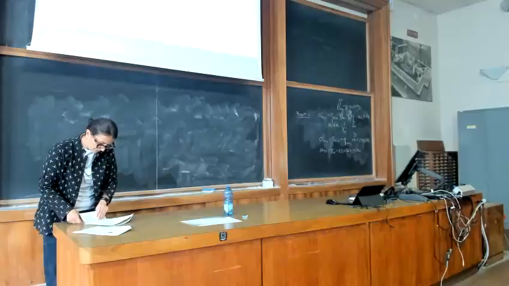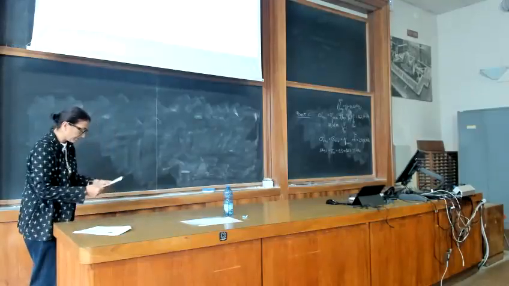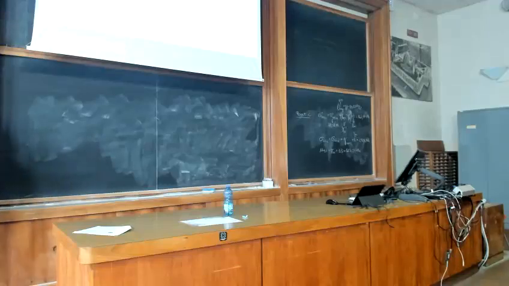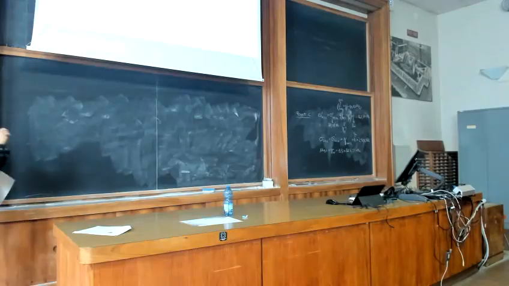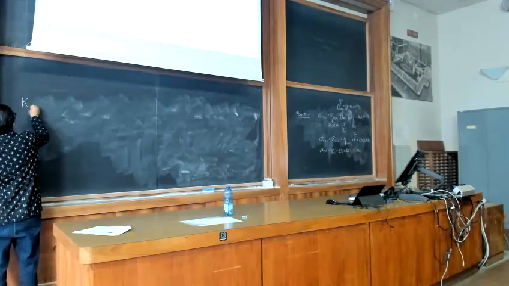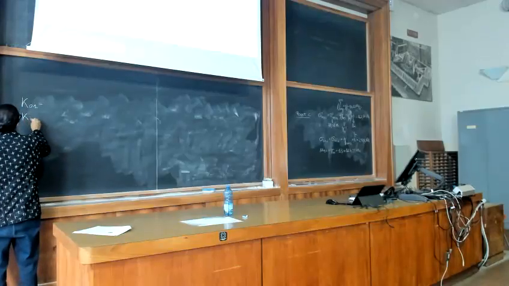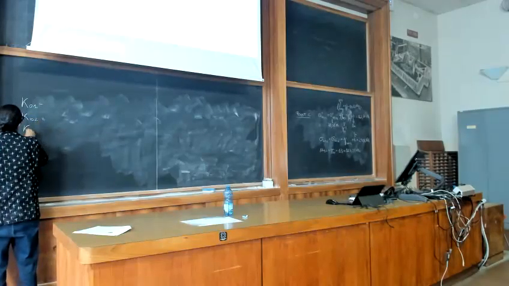So first of all, for strata 1, 2, and 3, you have to be able to calculate K naught 1, K naught 2, and K naught 3.